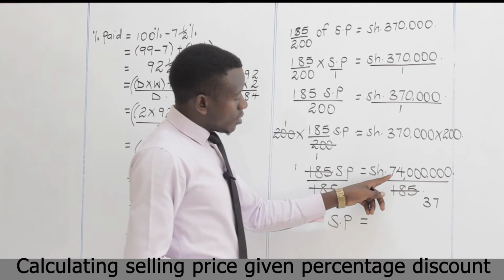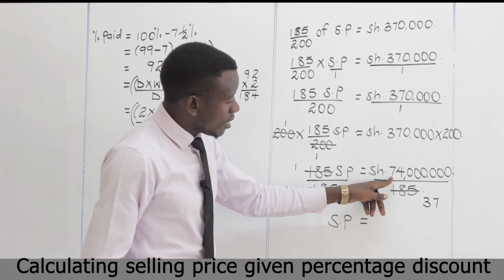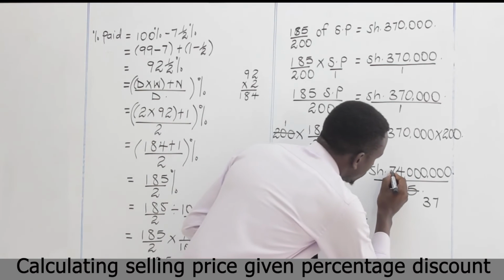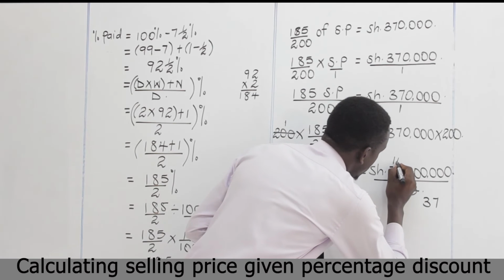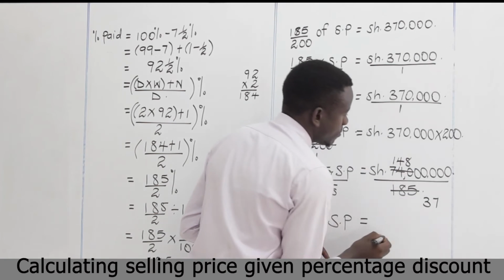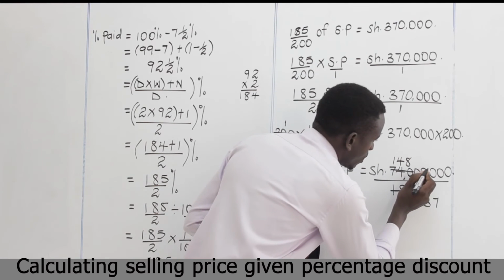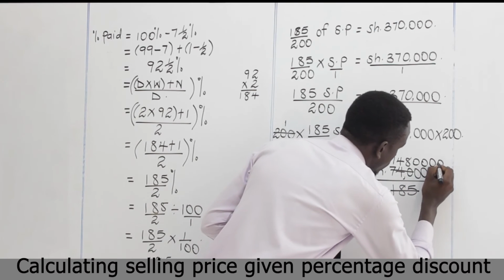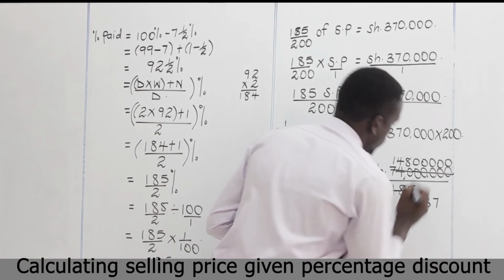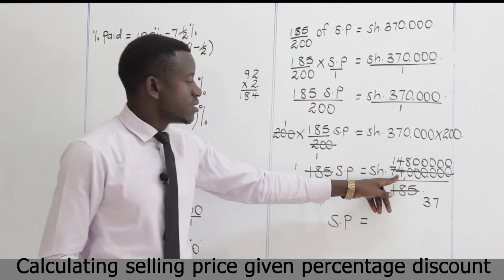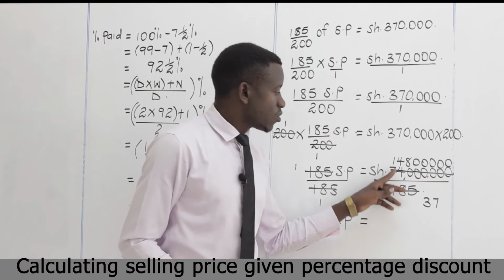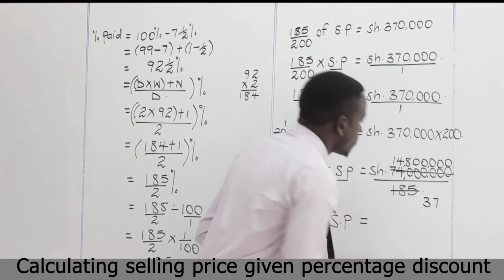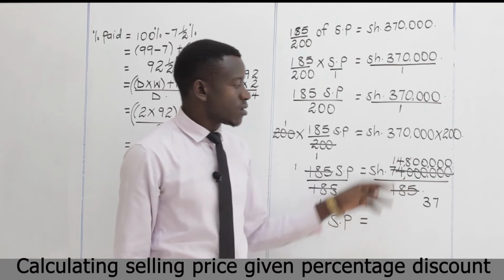Then 740 divided by 5, we shall have 148. Then 1, 2, 3, 4, 5 zeros. So meaning 74 million divided by 5, you get this quotient.